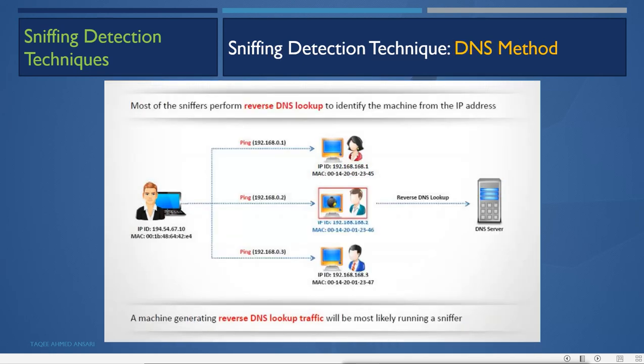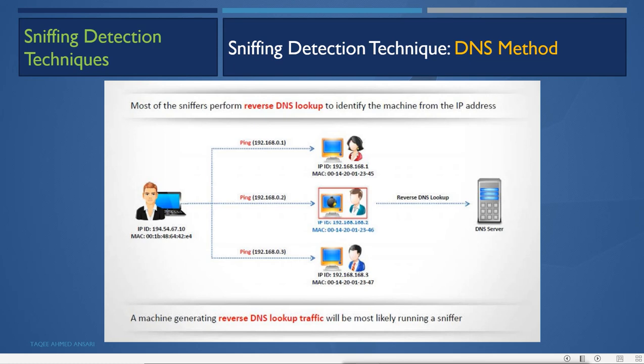Then another method for detecting sniffing is the DNS method. Now most of the sniffers perform reverse DNS lookups to identify the machine from the IP address. Forward lookup means name to IP resolution, and reverse lookup means IP to name. Because the sniffer is getting the packets, it will get the IP address of all the machines. Now it wants to show the attacker the name of the machine.